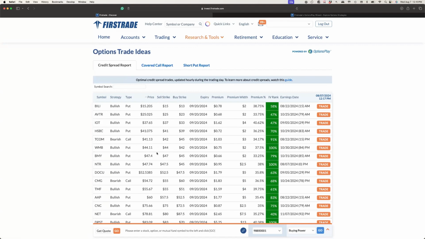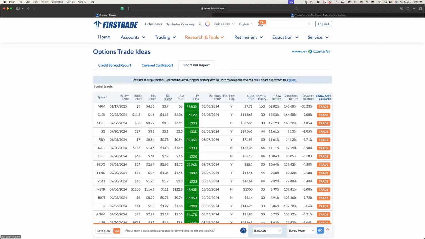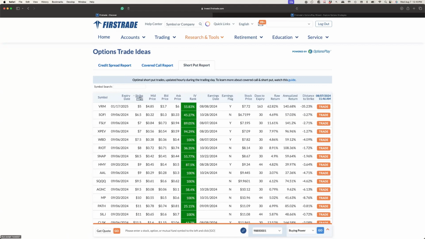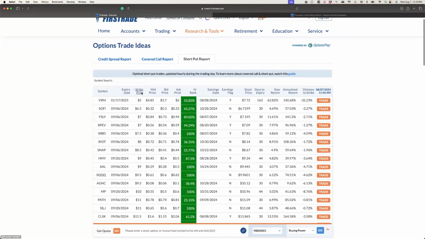So you can basically say, okay, I'm only looking at credit spreads or covered calls or cash secured puts of low price stocks. You can do that here by saying, let me look at only selling put options on low price stocks like Snapchat. This is one way that you can find opportunities that are less expensive, or where the option contracts are relatively inexpensive.